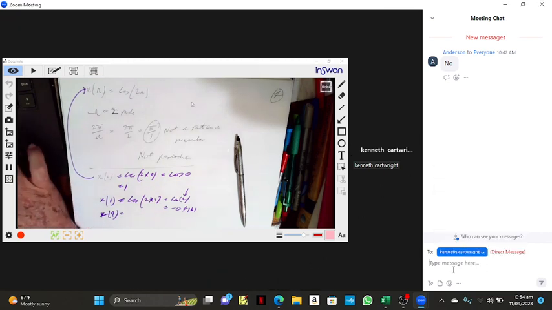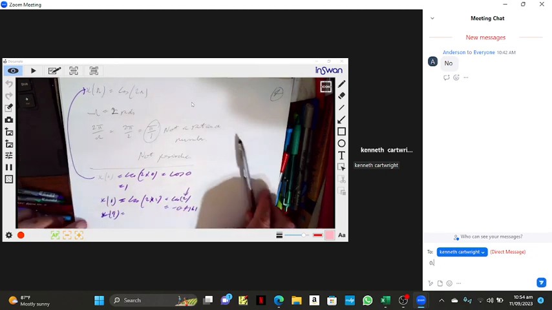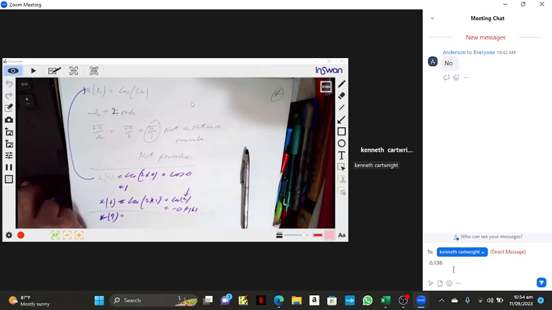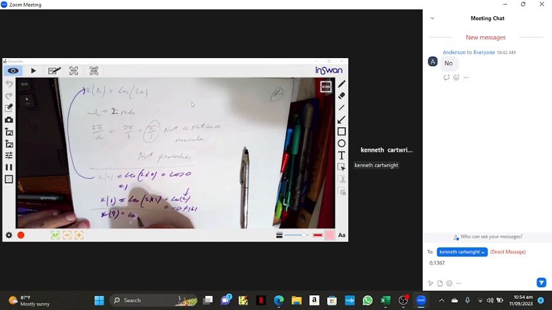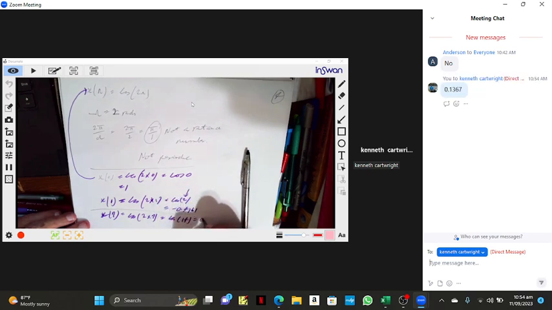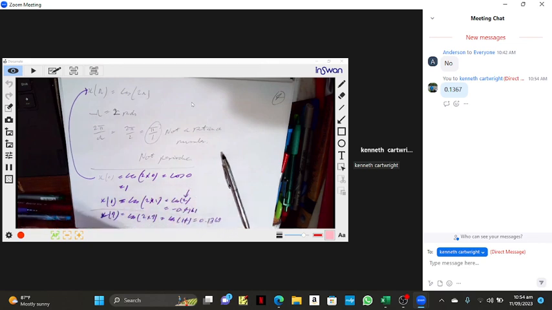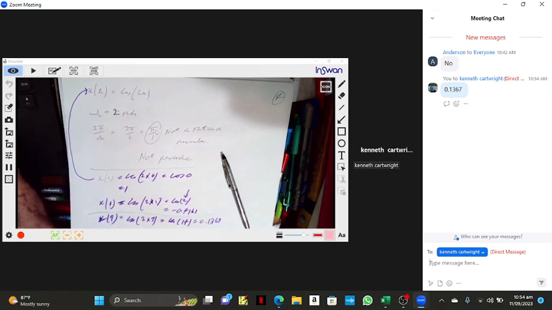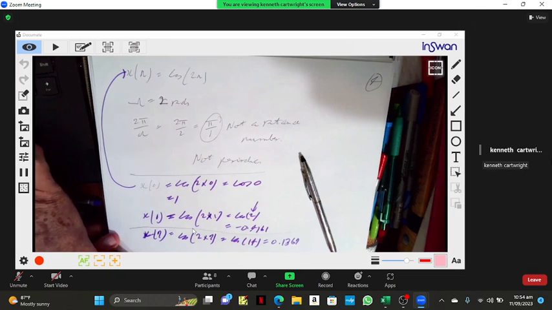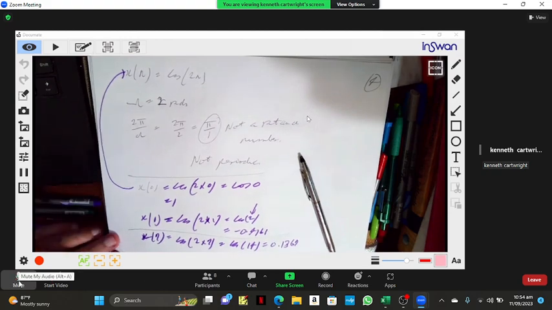Pay attention, please. Cosine 2 times 7 equals cosine 14 equals 0.1367. Any questions about that?